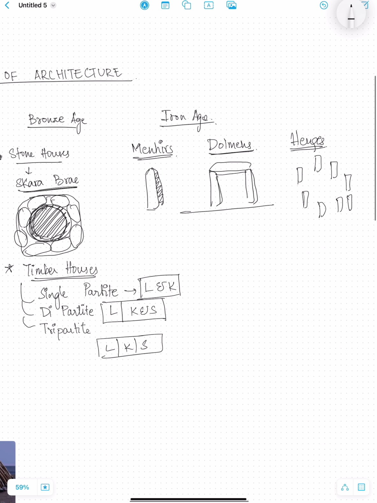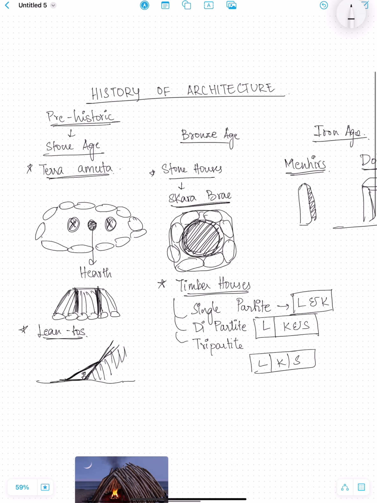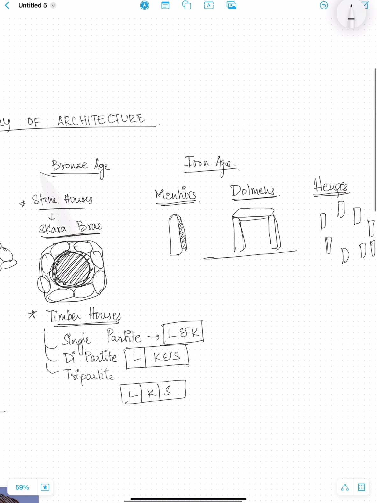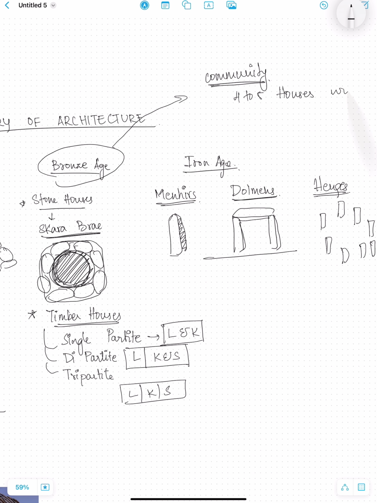In Stone Age, people lived mostly individually or as a family. In Bronze Age, people understood the concept of living within a community. So they had 4 to 5 houses within a boundary.